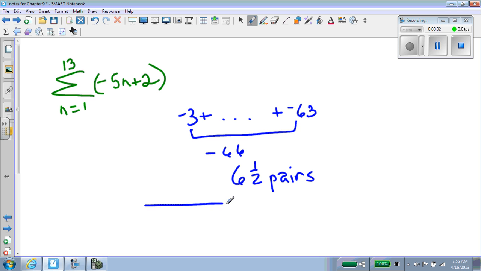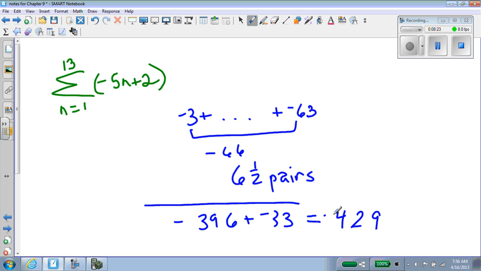So I have 6.5 pairs of -66. 6 pairs of -66 would be 36, regroup the 3, 39. And half a pair would be -33. So altogether I have 9, 12, regroup the 1, 4. -429 as my sum.